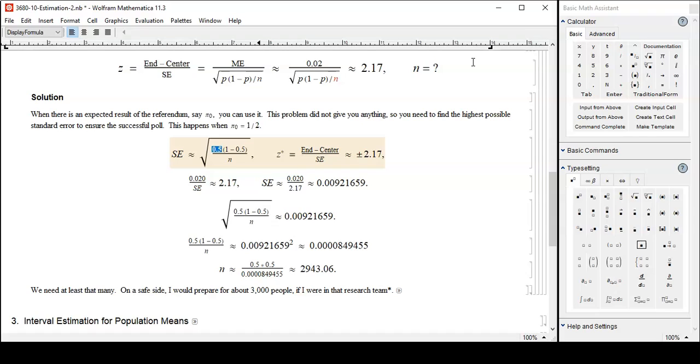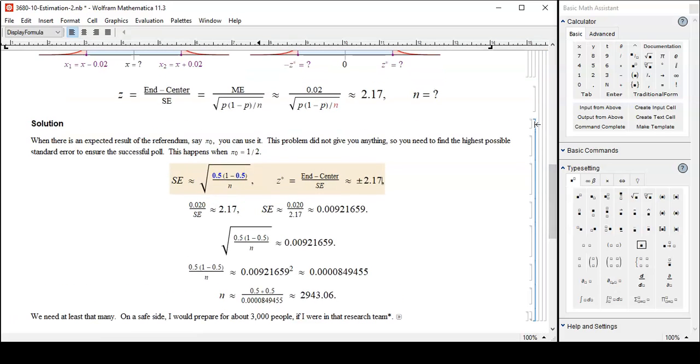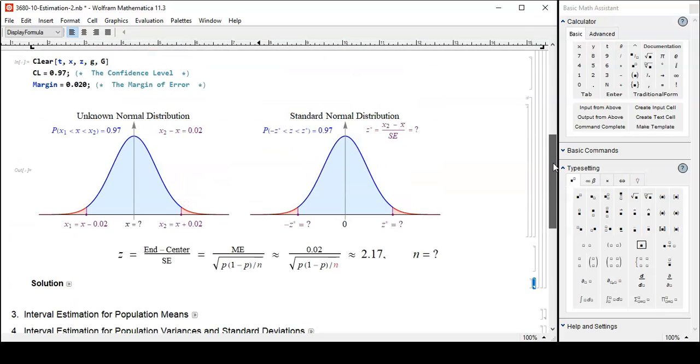Use p as 50%. Why 50%, you may wonder? Well, we want an underestimation of n avoided, so we want the largest possible error, but still it is negated by a sufficiently large sample size.